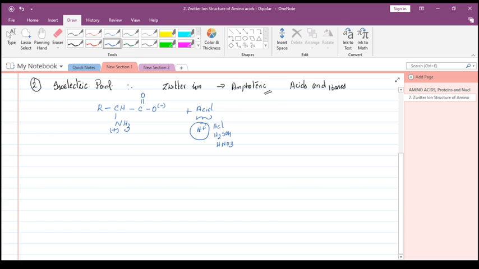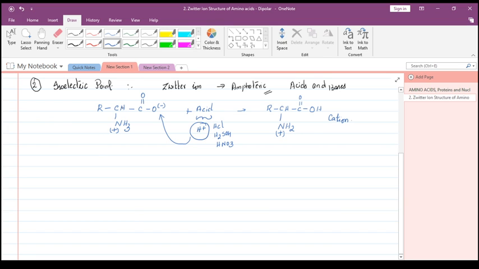This H plus ion will react with COO minus. So there you will get an amino acid, R CH, C double bond O, OH, and here nitrogen will have the usual positive charge. So it is a cation, the positive charge species.